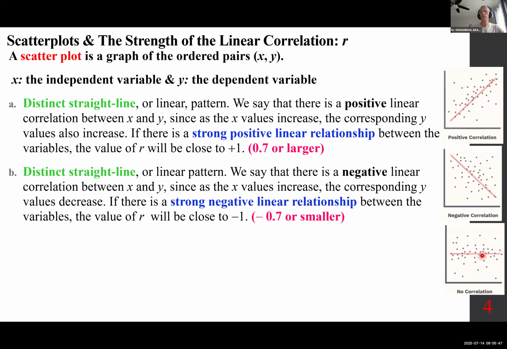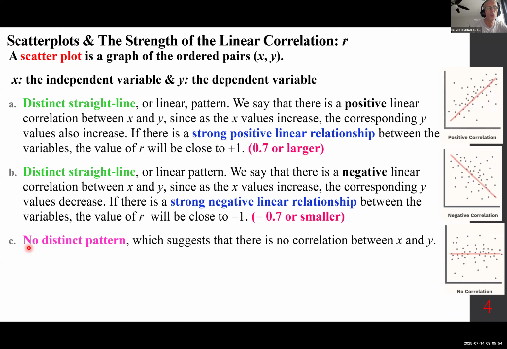What happens here? It's all over the map, the pairs. There is no distinct pattern, which suggests that there is no correlation between x and y. So if you look at this line, correlation value R is somewhere between -1 and positive 1. From about 0.7 to +1, strong positive linear relationship.